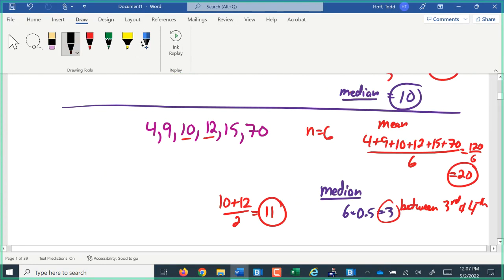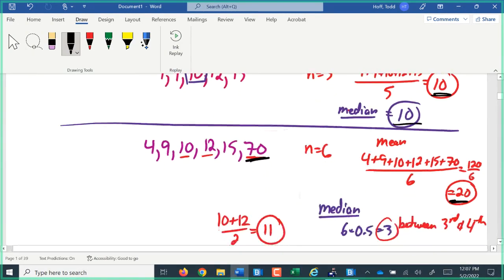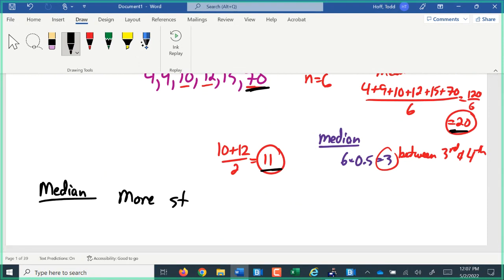So here, by adding that large number, the 70, to our data set, the mean went from 10 up to 20. The median, however, went from 10 to 11. The median is what we call more stable, which simply means it is less sensitive to outliers.